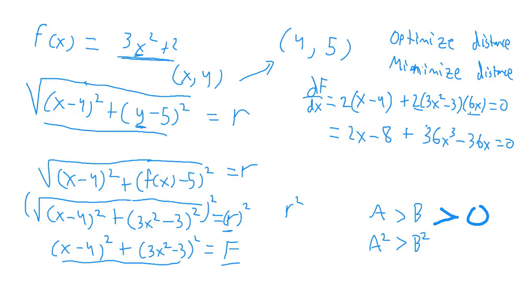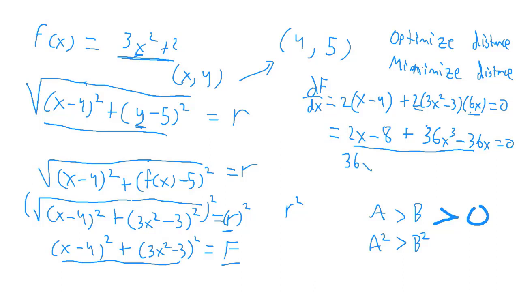Now, in this case, with the random points I chose, we'd have to do synthetic division or some numerical method, maybe just looking at the calculator graph or guessing values to solve for x.